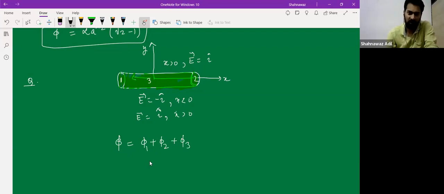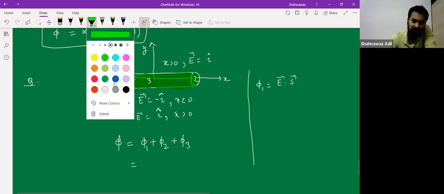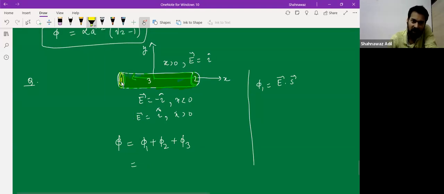So phi 1 would be E dot S, and you know the area of this surface. This is the circular surface, and what is the angle here?